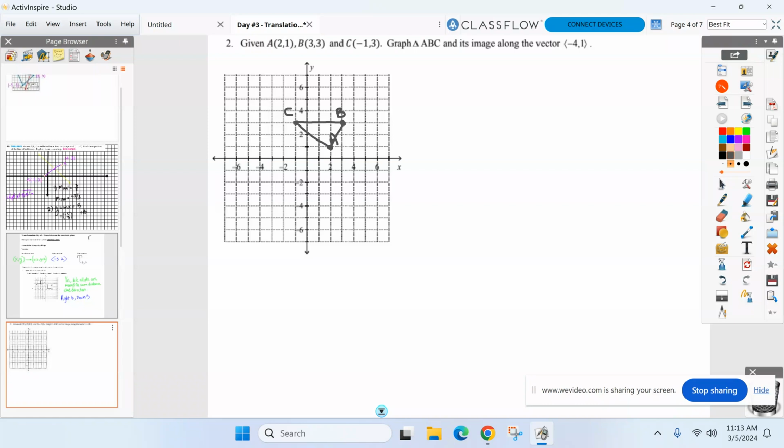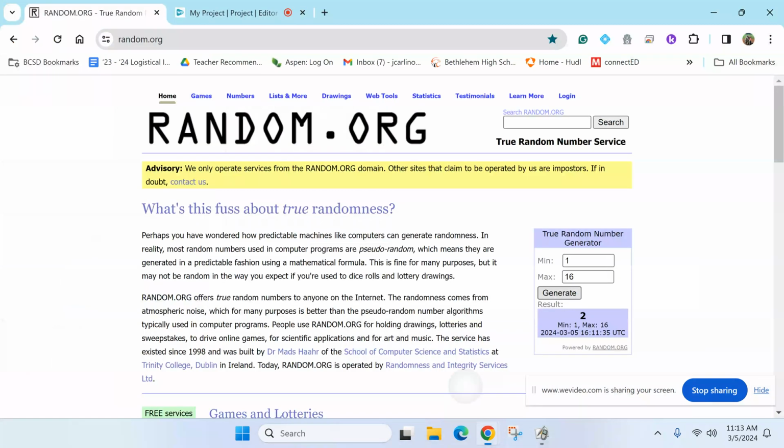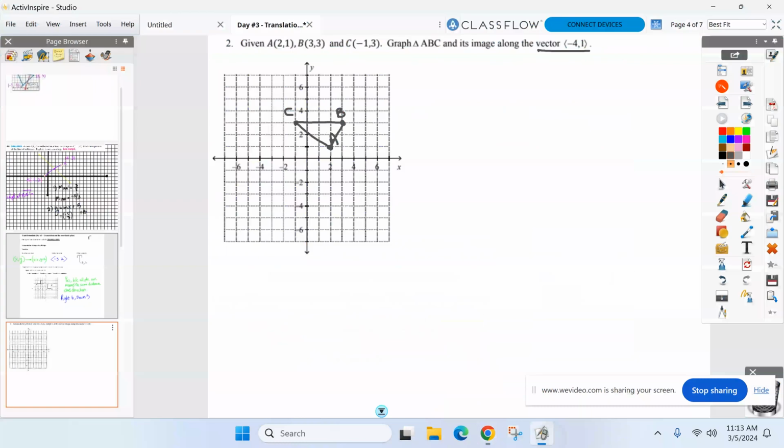All right, I did not use the word translation. We have to recognize a vector is the way of writing a translation. It's a notation of writing a translation. And what's the -4 and 1 telling me to do? Take A, B, and C and move them where? What's that telling me in the vector to move them? Zeev? You got it. So everyone's going to move A, B, and C left 4, up 1. And don't forget to call them primes.